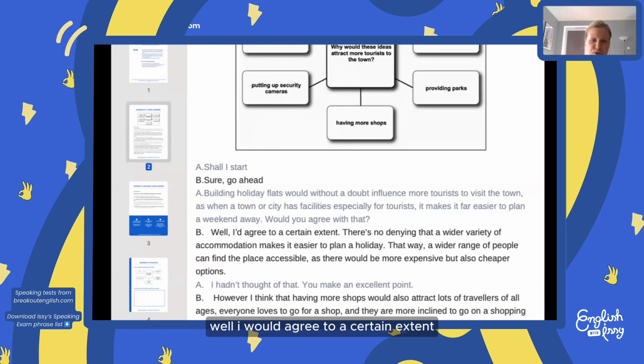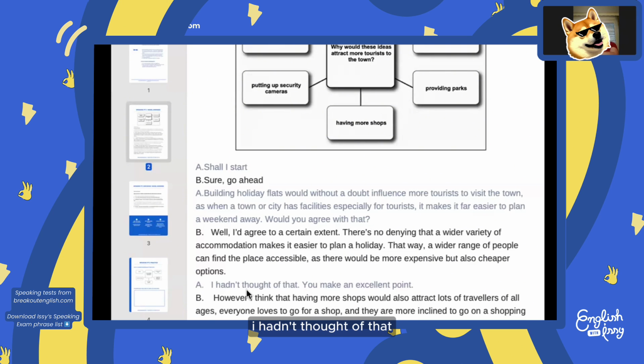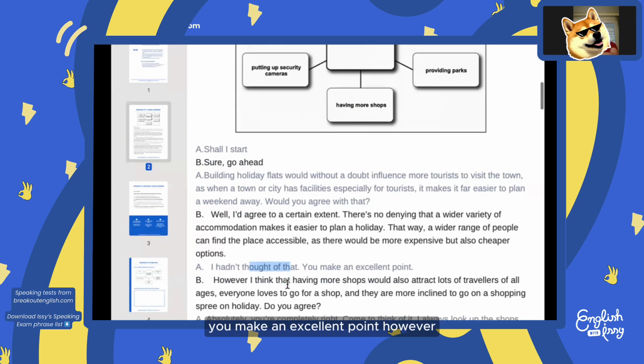Well, I would agree to a certain extent. There's no denying that a wider variety of accommodation makes it easier to plan a holiday. That way, a wider range of people can find the place accessible, as there would be more expensive but also cheaper options. I hadn't thought of that. You make an excellent point.